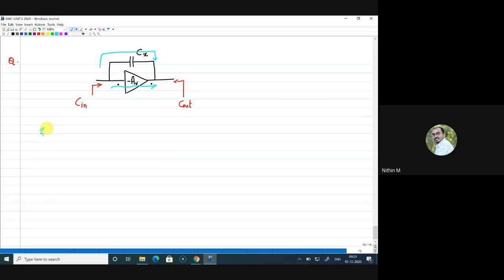Let me write the impedance as Z, equal to 1 by SCx. If I know that impedance, I can write the impedance at the input side Z1 and at the output side Z2. Z1 is Z by 1 minus A, and Z2 is Z by 1 minus 1 by A.